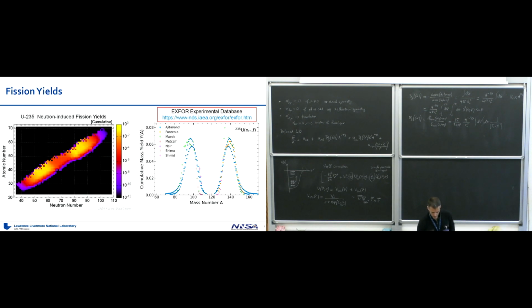Let's see what exactly I want to say. Yes. So the shell correction, which for some reason is often written like this, I don't know why, is going to be defined as the sum over some set I of the single particle energies minus a smooth energy.